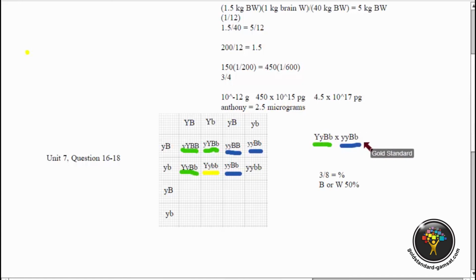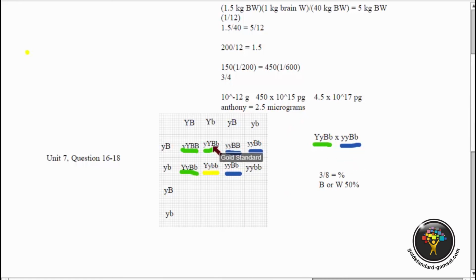Now, with that information, we look at the answer choices for question 18. It says the offspring cannot have the same phenotype. We just see here that the parents have green and blue, and they have offspring with green and blue and other colors. So answer choice A is incorrect.